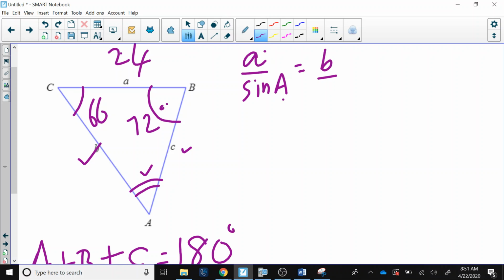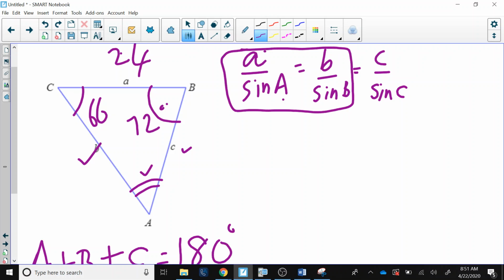You can take just two of the expressions to solve for any side or angle. You can also flip the entire equation to find the angles as well. That we'll see later.